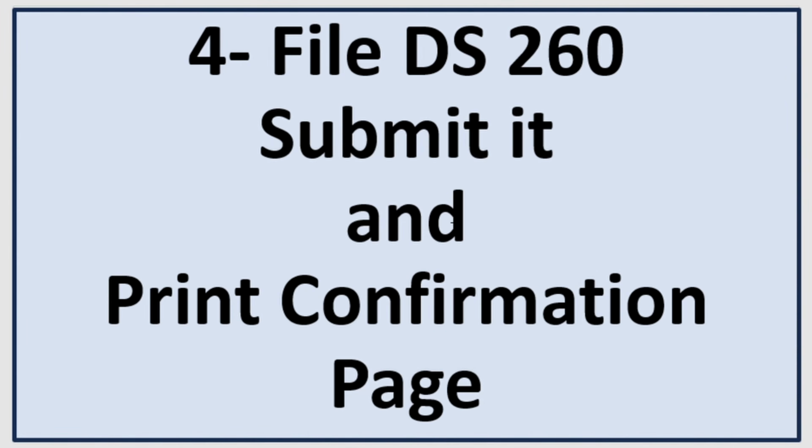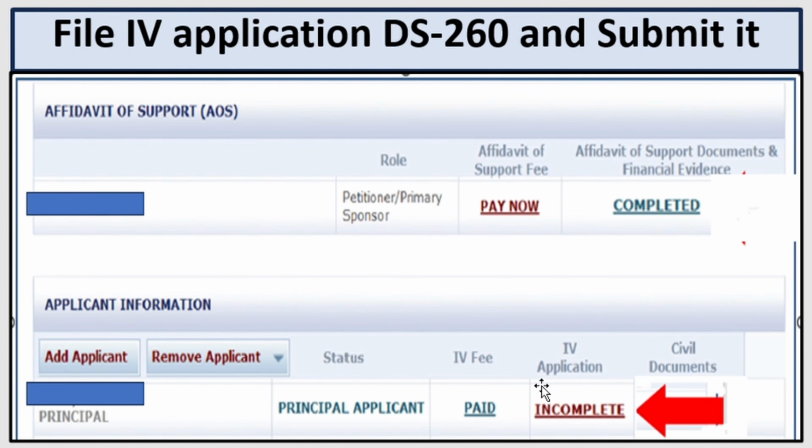Now you need to file this DS-260 and submit it and print the confirmation page. You're going to click on incomplete, and it's going to take you to the page where you can complete this DS-260, and I have a video on my channel on how to do that, and it is a very, very detailed video.